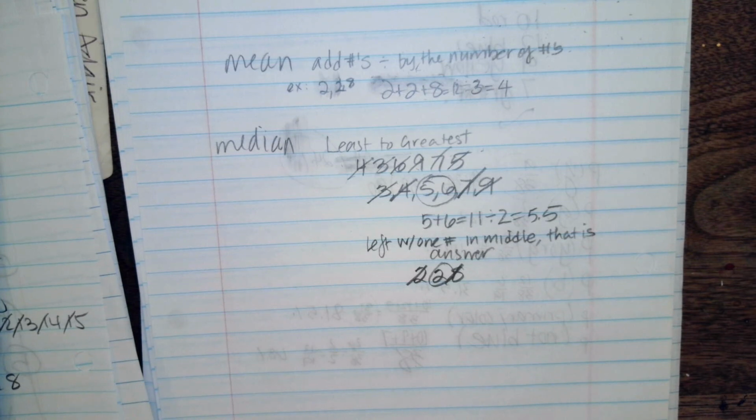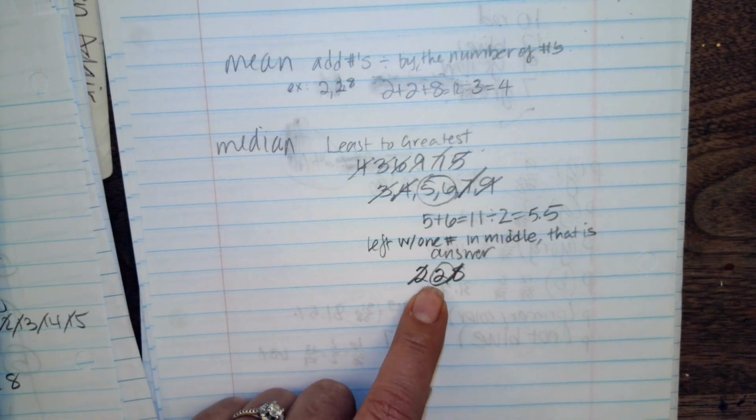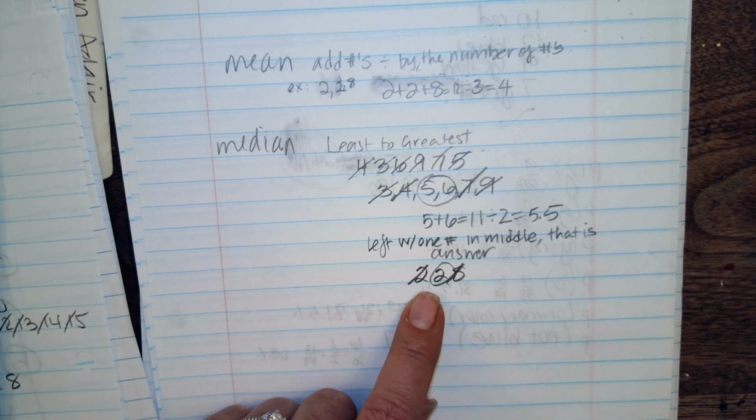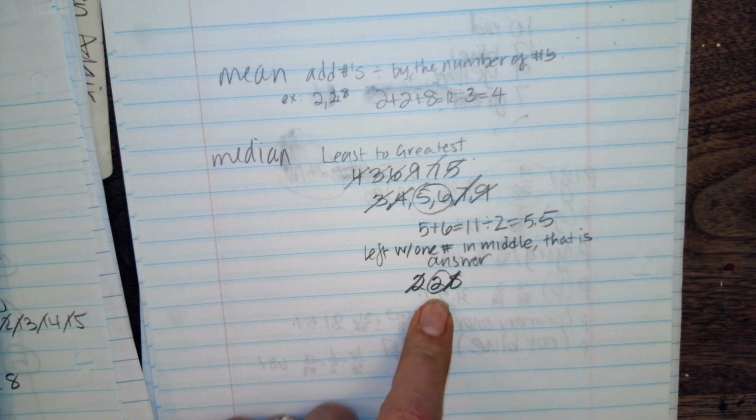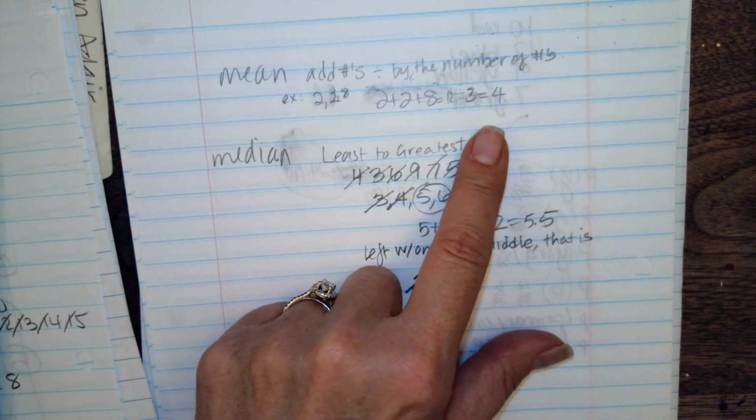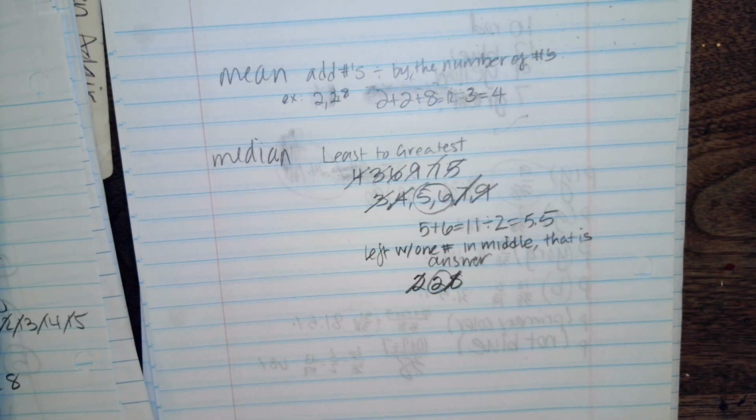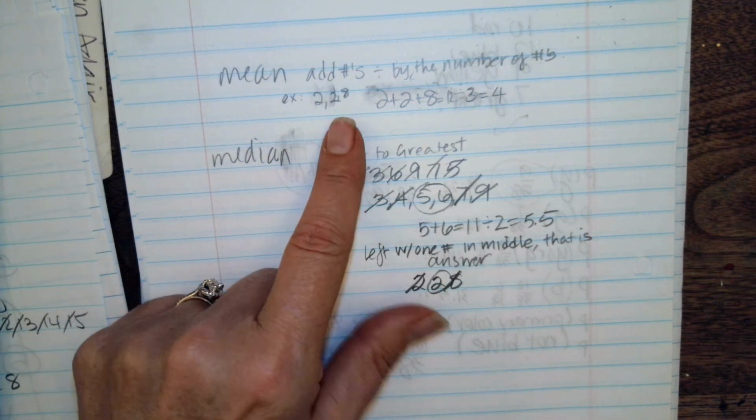So if they say, here's a set of numbers, what's the best predictor, and they're looking for the average, median can be very deceiving. Like in this, it's not a very good predictor, right? The mean is 4, and this is 2. 2 does not account for 8. 4 is closer to 8, right? So neither one of them in that example are very good because we have an outlier here.